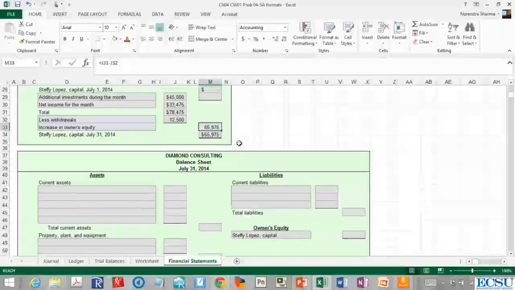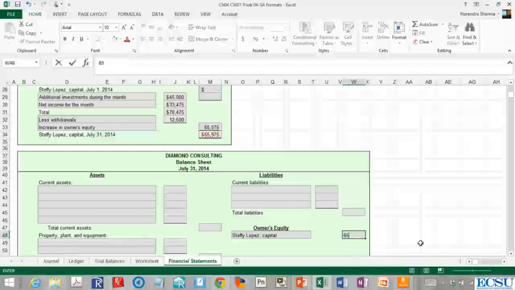So Steffi Lopez capital, that is the amount. So we'll be putting that here, 65,975. So now what we are going to do is we are going to populate our current assets.